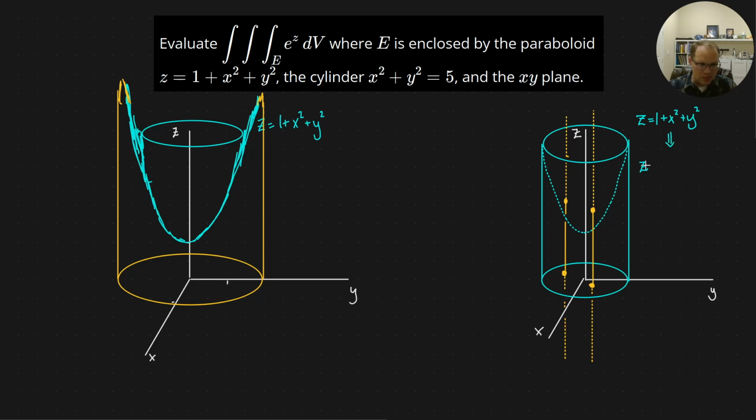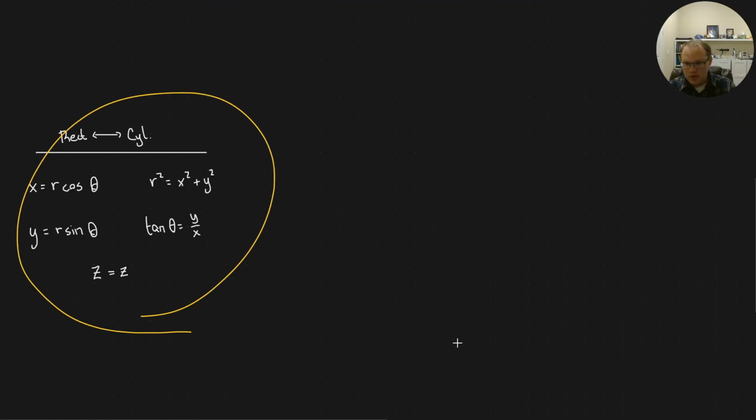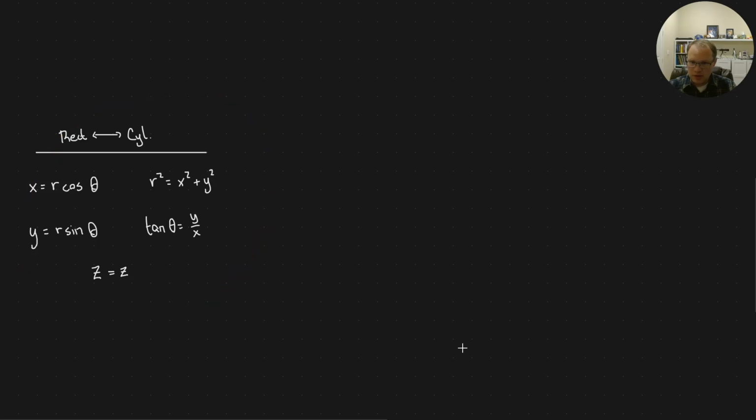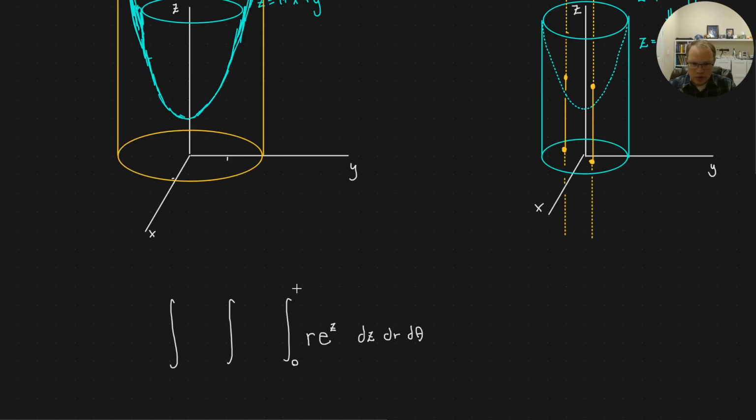Now z stays the same, z equals z. But x squared plus y squared is r squared. Now that equation is in terms of my cylindrical variables, just involving r, theta, and z. So z equals 1 plus r squared. It's not enough for the integrand to be in terms of those cylindrical variables. The limits of integration also have to be as well.